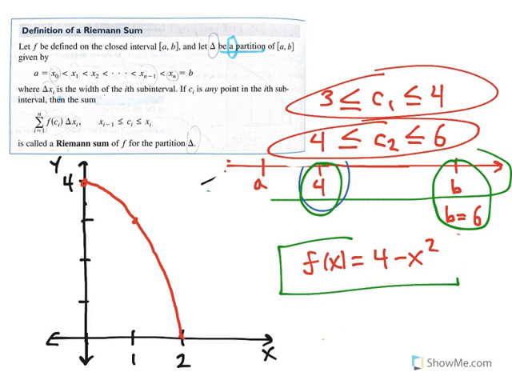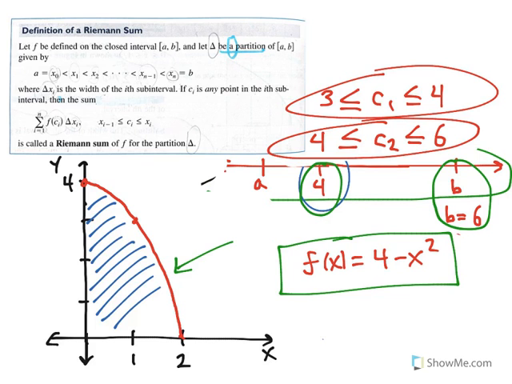You have the function f of x equals 4 minus x squared, and you see the graph of the function here on the interval from x equals 0 to x equals 2.